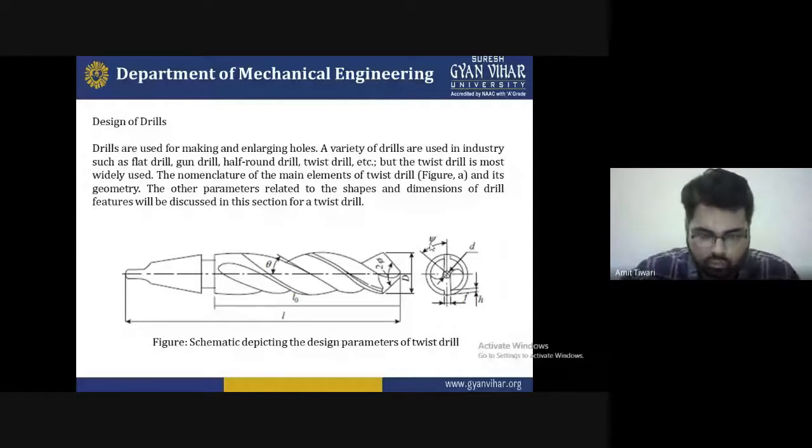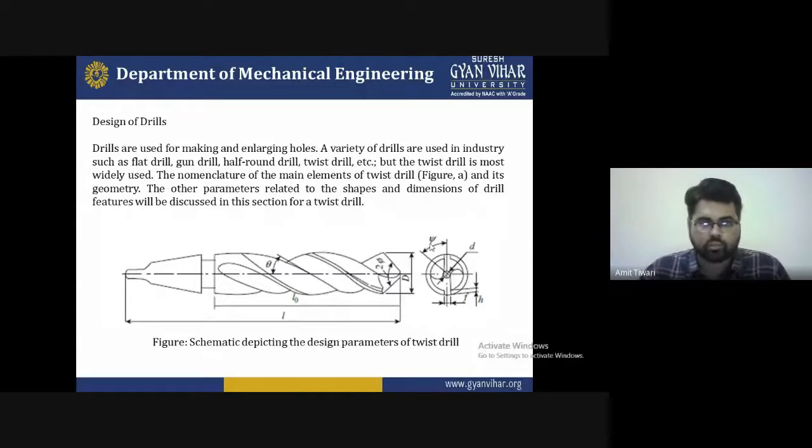The nomenclature of the main elements of the twist drill has a different geometry. You can see this is the total length, L, and this L0 is the length which is used for making the hole or cutting the workpiece from the surface.